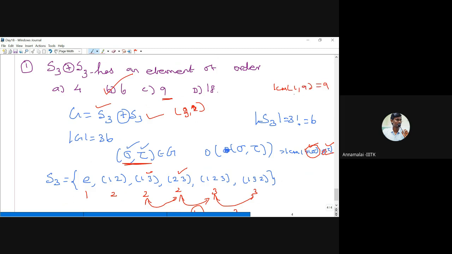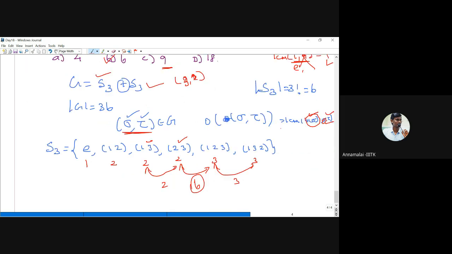If you take the LCM of 3 and 3, you get 3, not 9. So we get 9 only as the LCM of the two numbers 1 and 9. But the permutation group contains an element of order 1, namely the identity element, but it does not contain any element of order 9 because the maximum order is 3 in S3.